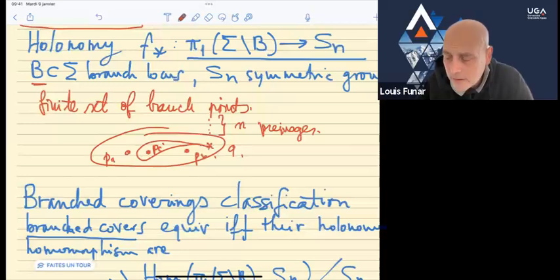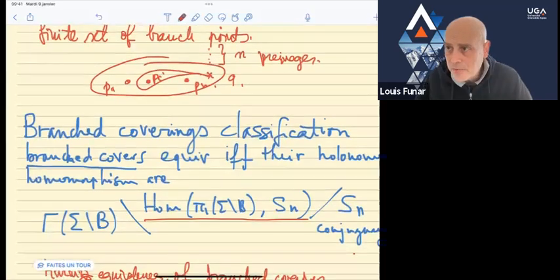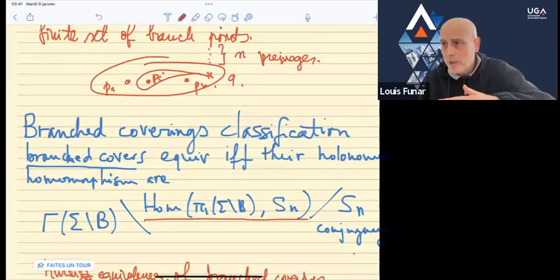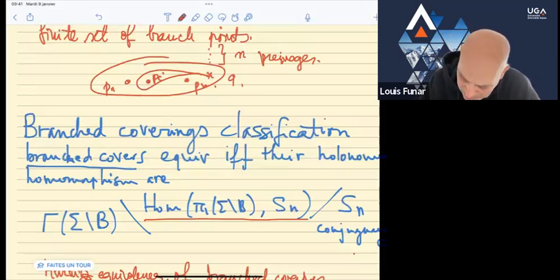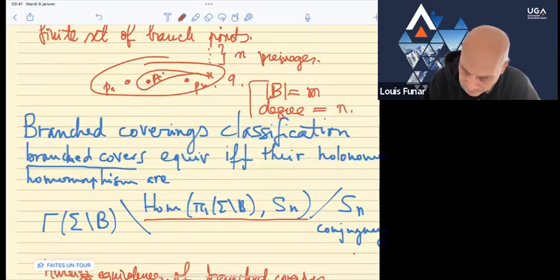Yes, yes. Okay. So of course here everything is fixed, the degree of the covering, and the number of branch points. Let's say the number of branch points is fixed, given by m, and the degree of the covering equals n.